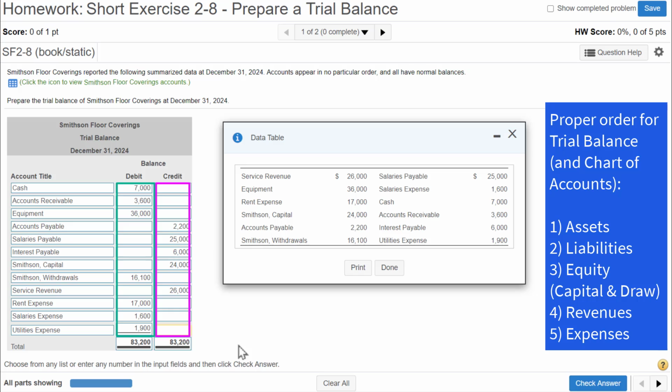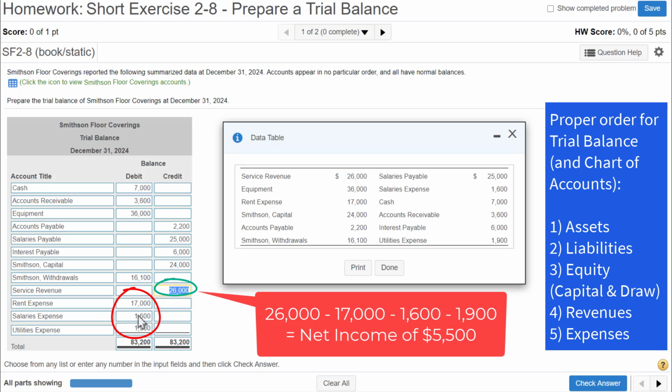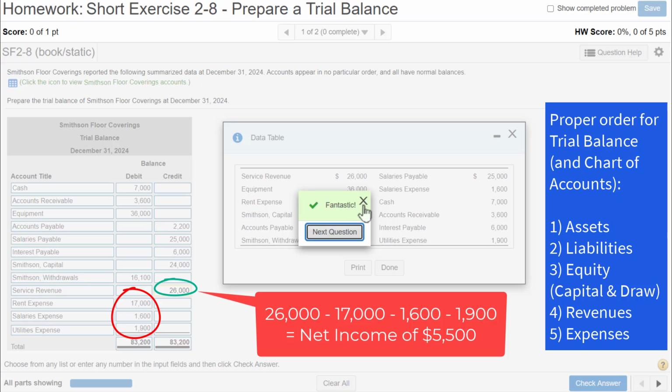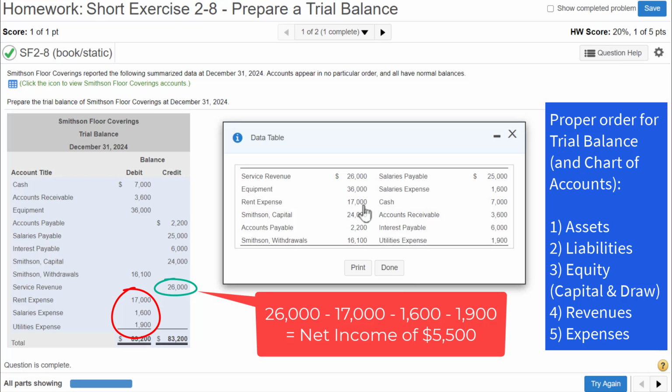So now, if their next step was to create financial statements, they would create the income statement first. And if you're curious if the company made a profit, you take revenue minus these expenses. So it looks like they've got a little profit. Anyway, check answer. Fantastic. And that's it, our trial balance.